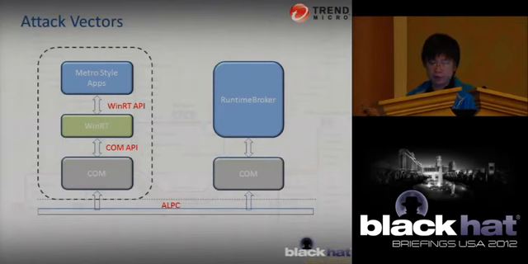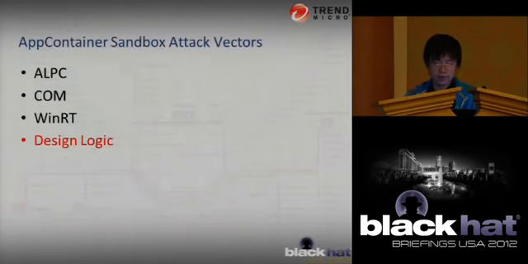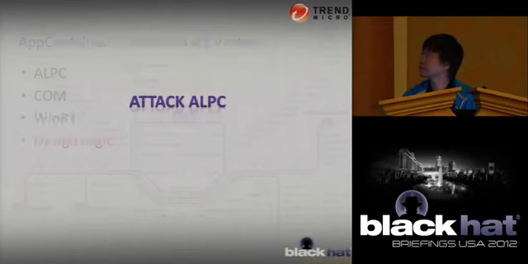And also we can do fuzzing on the WinRT API. All right, so from the architecture point of view, there are three attack vectors I just showed: ALPC, COM, and WinRT. Plus a design logic, we are going to discuss four attack vectors in the following slides.